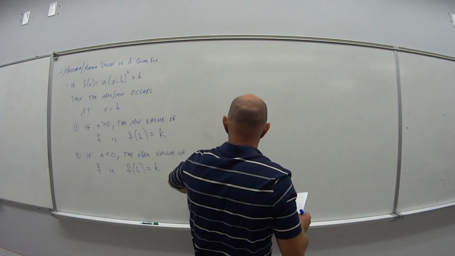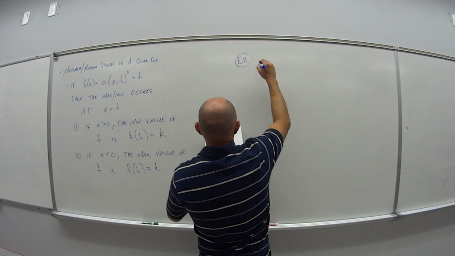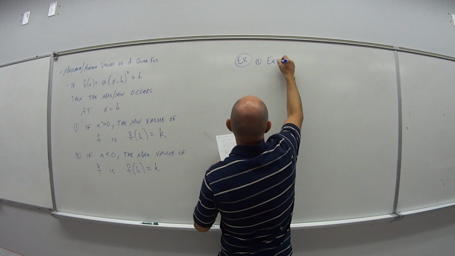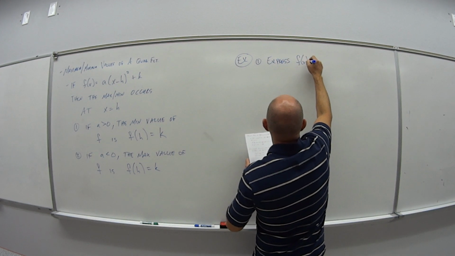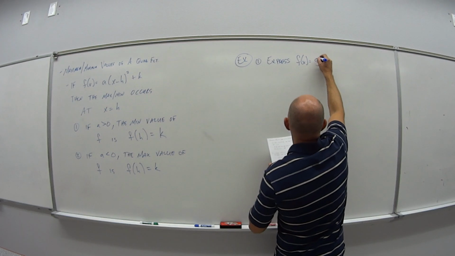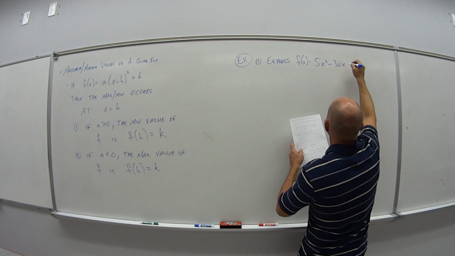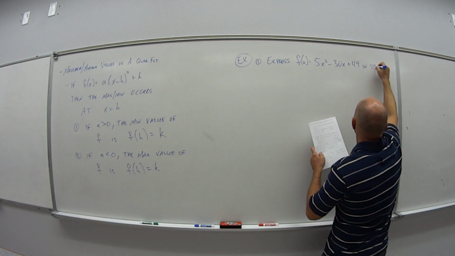So let's look at an example. Two-part example here. So express f of x is equal to 5x squared minus 30x plus 49 in standard form.